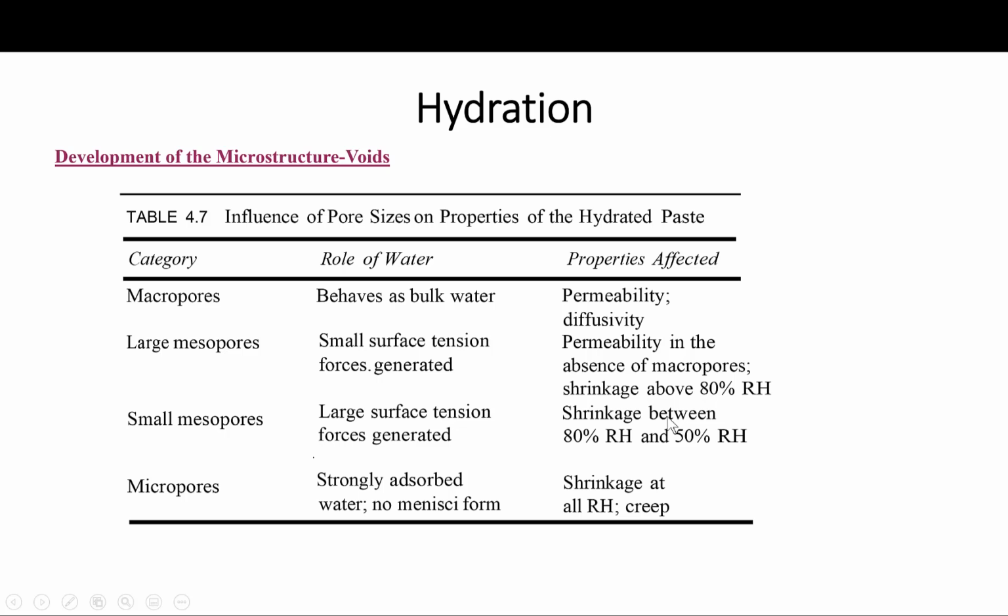They affect the shrinkage between 80% down to 50% relative humidity. The micropores, the water within them is strongly adsorbed water, no meniscus forms, and these usually affect shrinkage at all relative humidity and also creep, as we will see when we study the dimensional stability of the concrete.